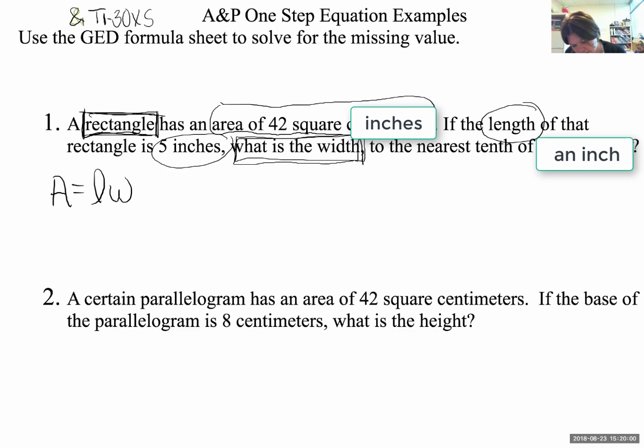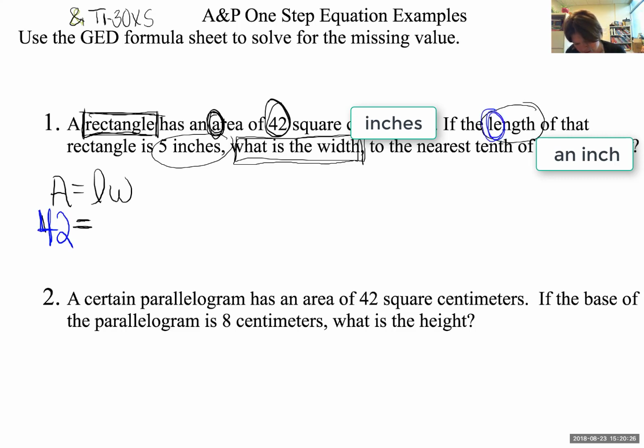We will make sure the area, the A, turns into a 42. So right underneath where I once had an A, I will now write 42. Okay. Now, just like before, I won't change my equal sign, but I will change my L because I know what my length is.